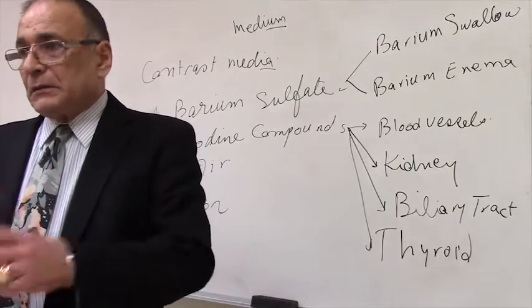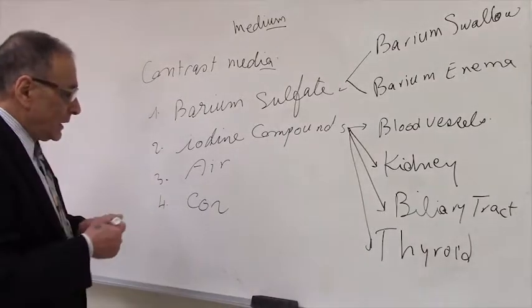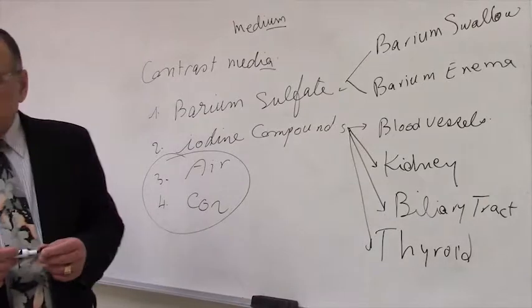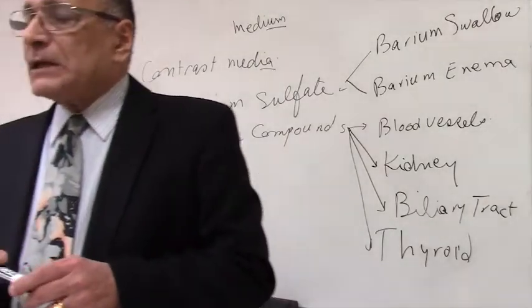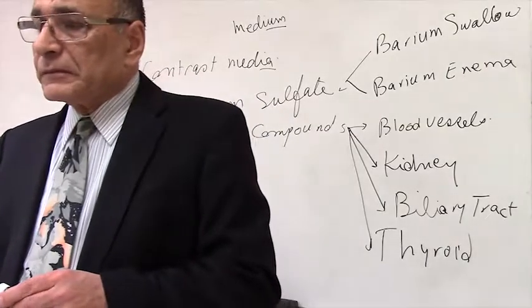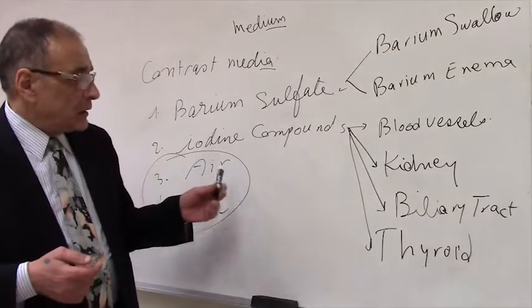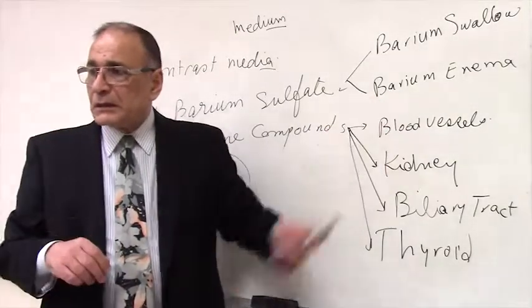You cannot mix them. Air and carbon dioxide are used to study inside cavities like joints and the fallopian tube. Sometimes they use air in combination with barium enema to push the barium inside.